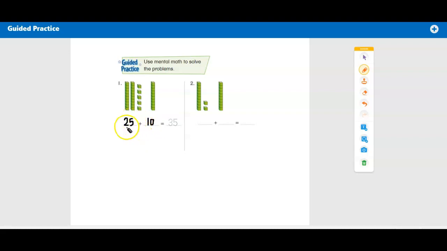Here we have 25 plus 10. I can start by adding the tens place. 2 plus 1 is 3. Then 5 plus 0 is equal to 5. 25 plus 10 is equal to 35.